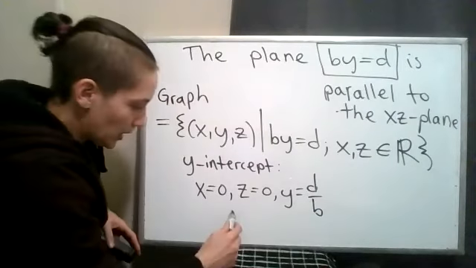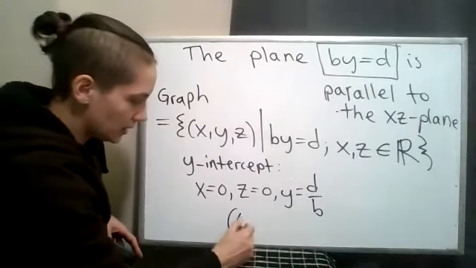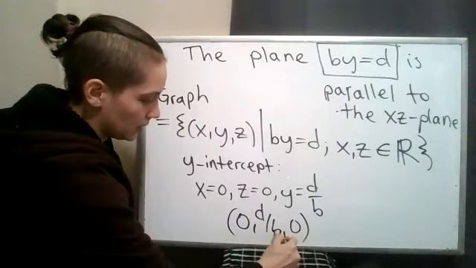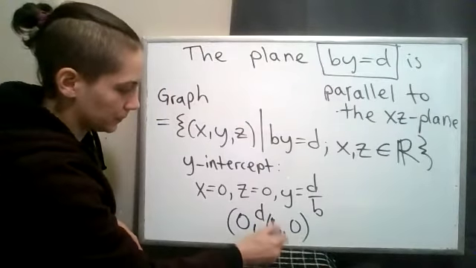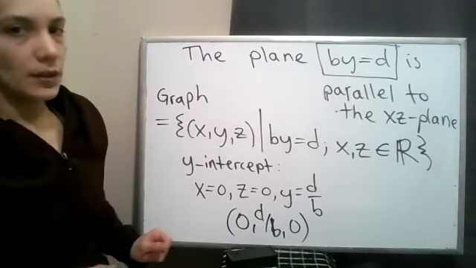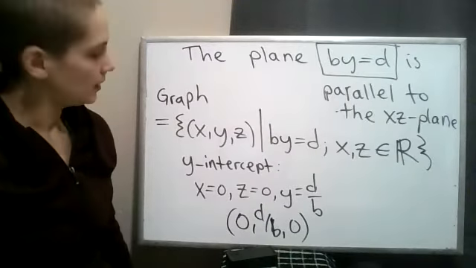So the point we're going to plot is x, y, z equals 0, d over b, 0. Cool. How do we make the graph?